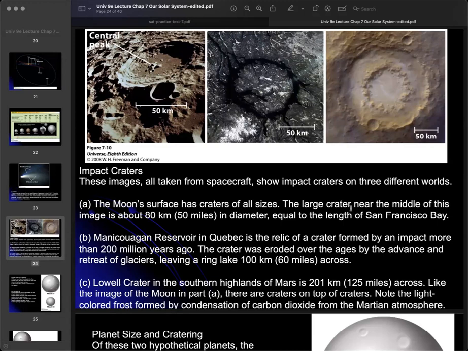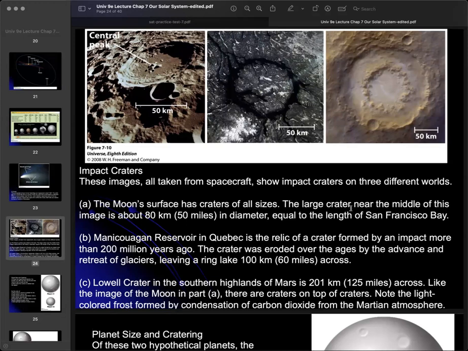So there's a general rule that out of all the planets and moons, a surface that is full of craters is an older surface, and a surface which doesn't have as many craters is a younger surface.